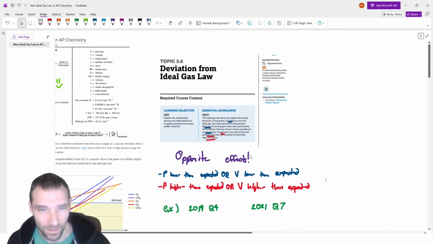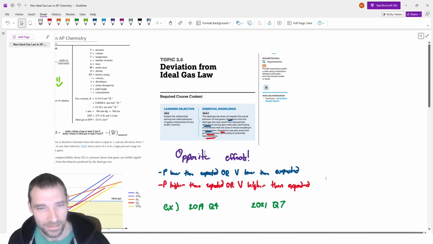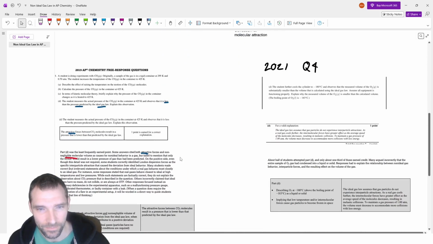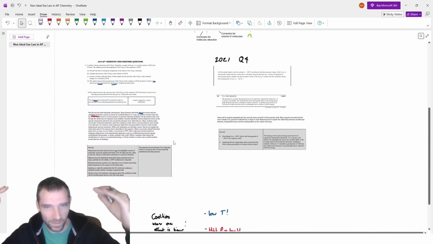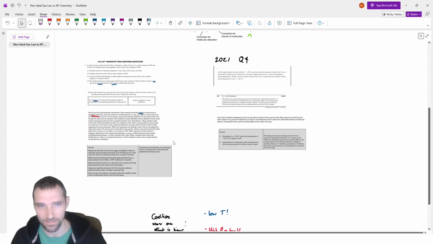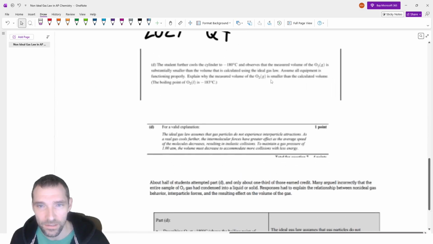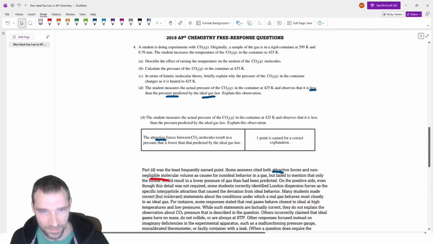So they have opposite effects. Just keep that in mind, and that should help you figure out which way it's going. Okay, it's this statement, and then you may have to do a bit of reasoning to explain why this is bigger, but you're probably going to be fine just stating it's the attractive forces, or it's the molecular volume.